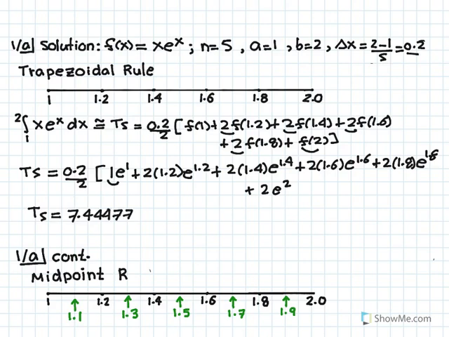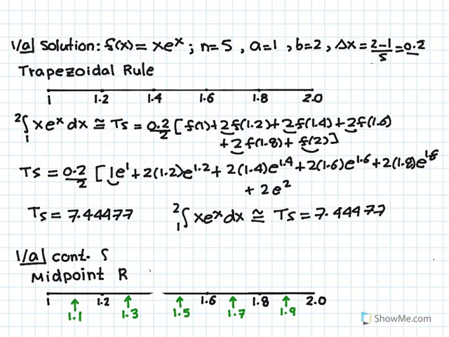This is an estimate to the definite integral from 1 to 2 of x e to the x dx. So this is approximately equal to T5, and that's equal to 7.44477.